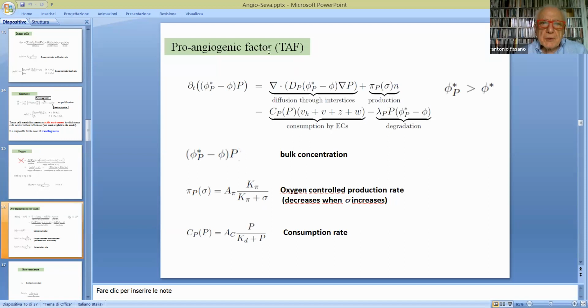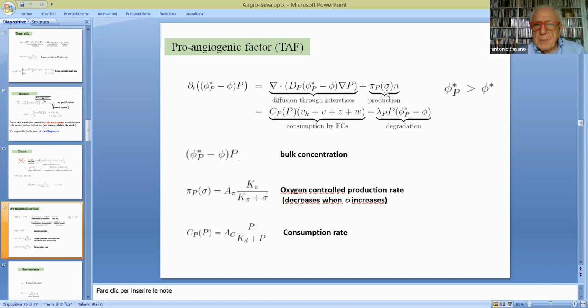The angiogenic factor diffuses through the interstices, which are full of liquid. So this is a typical diffusion term in porous media. This is a very typical phenomenon, diffusion in porous media.